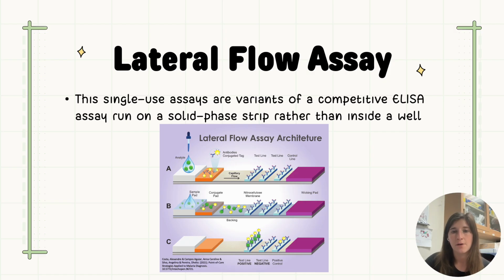Finally, we have our lateral flow assays. The lateral flow assay is a single-use assay, and they're a variant of the ELISA assay where they run on a solid phase strip instead of inside of a well. These became really popular with COVID. So now we have a lot of COVID tests and a lot of flu tests that follow this lateral flow assay architecture.